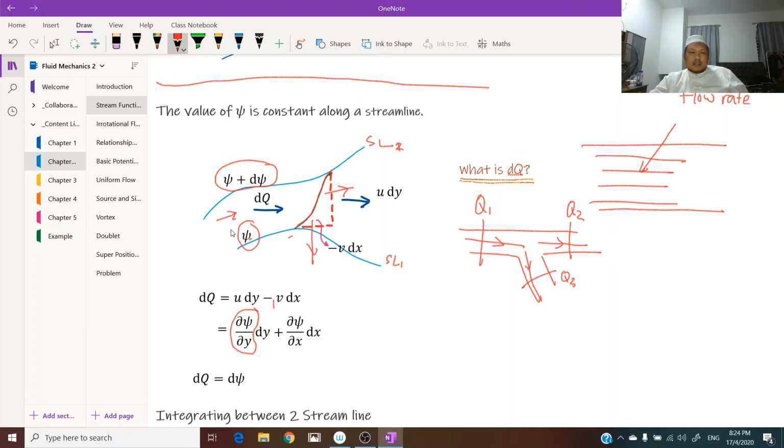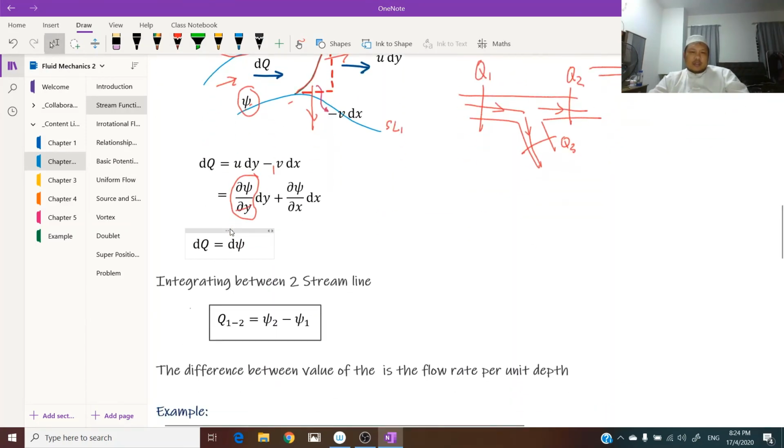So we replace these two equations back, and if we simplify here, we know this is del psi del y dy. So what we have here is the derivative of this plus the derivative of this is equal to the change. All right, so dq actually equals del psi.